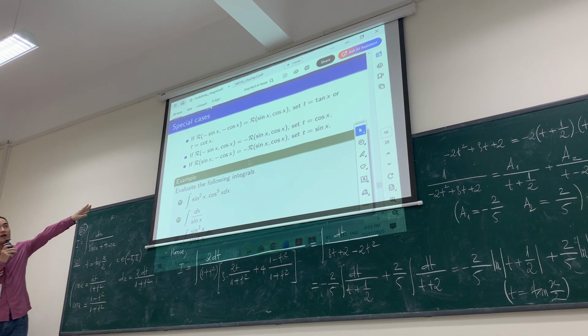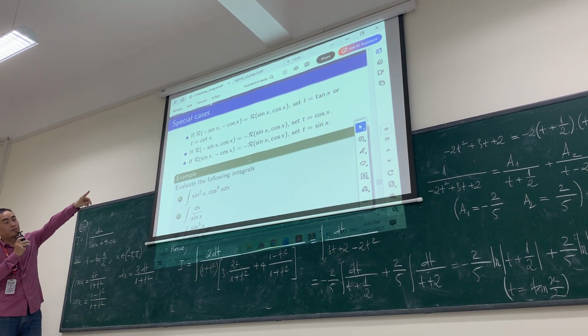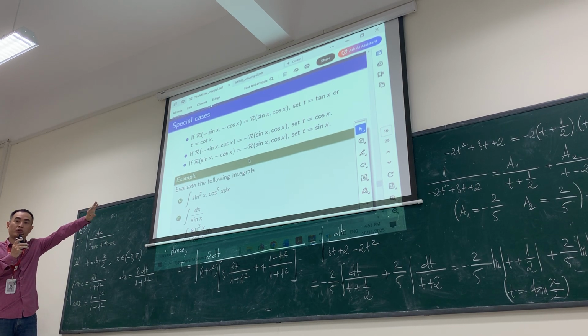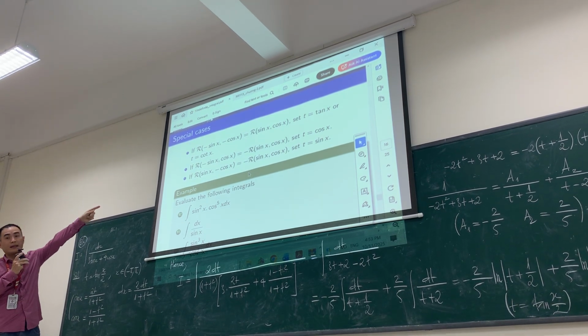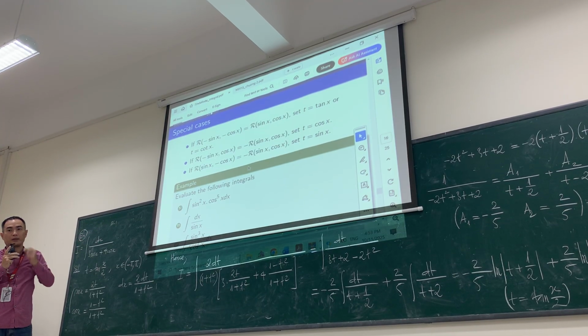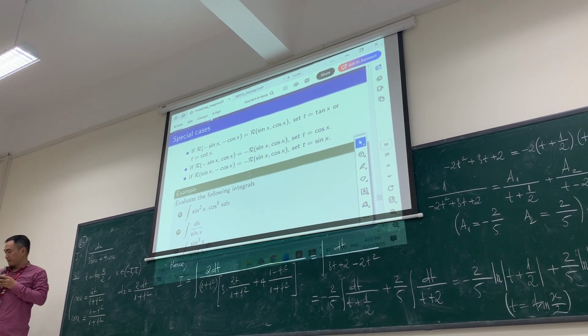If the rational function R has this property here, we can take the simple substitution. Okay, I think you need to take notes.